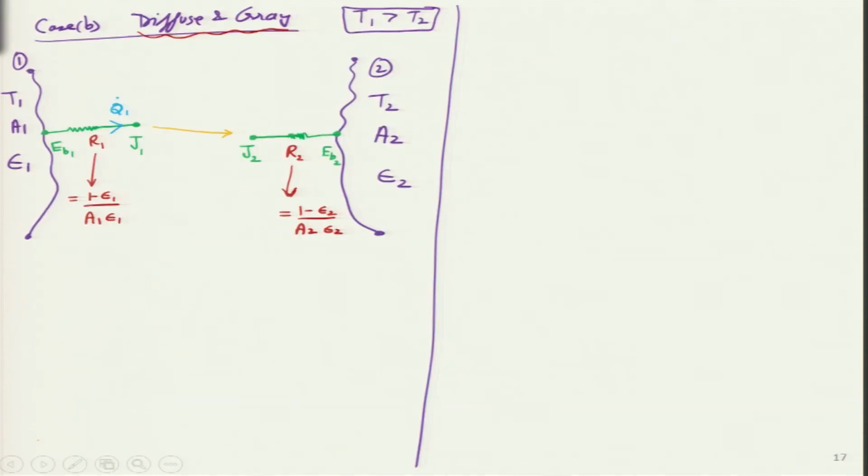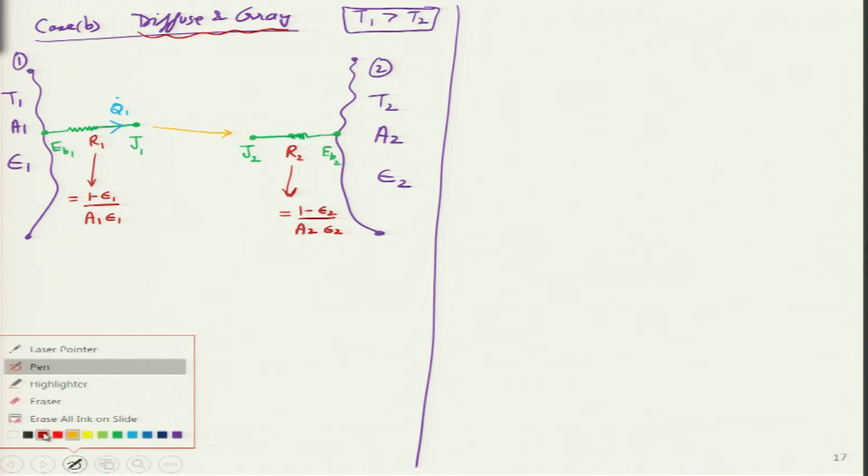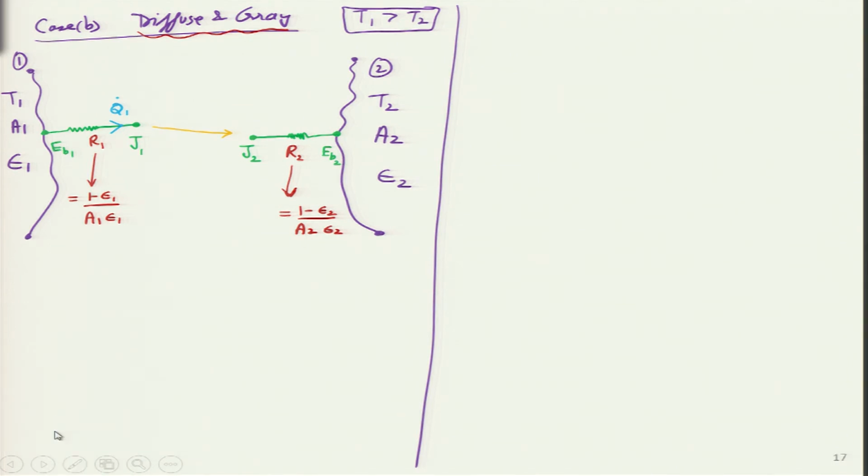I will write the orange part over here, maybe in red color, that between these 2 points J1 and J2, the rate of heat transfer will be simply A1 F12 (J1 minus J2).